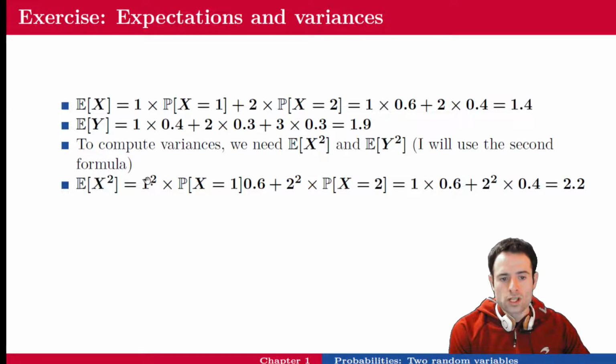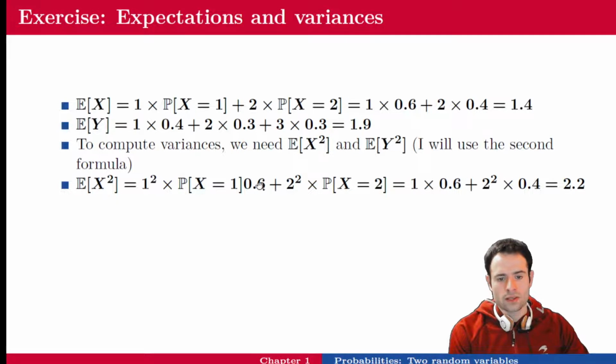So 1 squared times the probability that x is equal to 1 plus 2 squared times the probability that x is equal to 2. Sorry about this 0.6, that's this number. I will take it away. And that is equal to 1 times 0.6 plus 2 squared times 0.4. And that gives you the number 2.2.